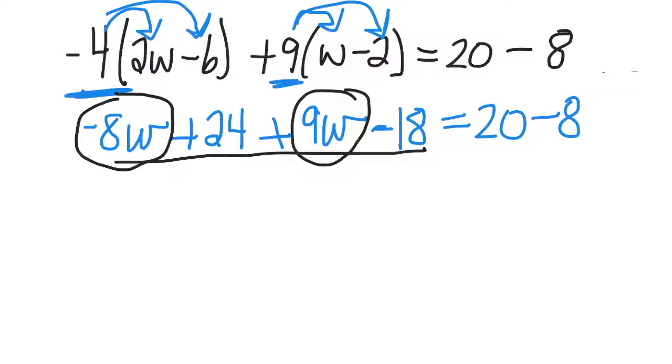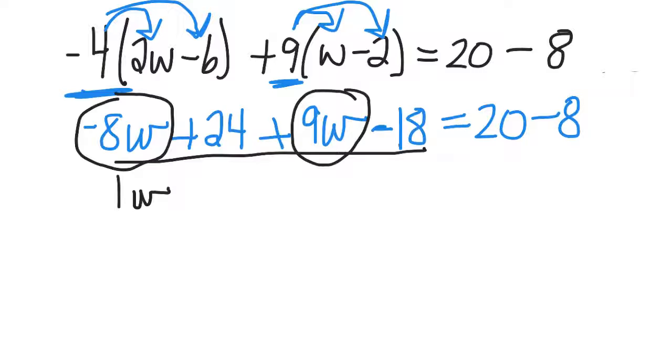Well, negative 8 and 9, when I add those together, what do I get? Well, this is like saying I have 9 cows, but I take 8 to the slaughterhouse. So if I have 9 cows and I take 8 to the slaughterhouse, I am left with just 1 cow. So negative 8w plus 9w is going to give me 1w. So 9 cows and I take 8 away, I have 1 cow left.